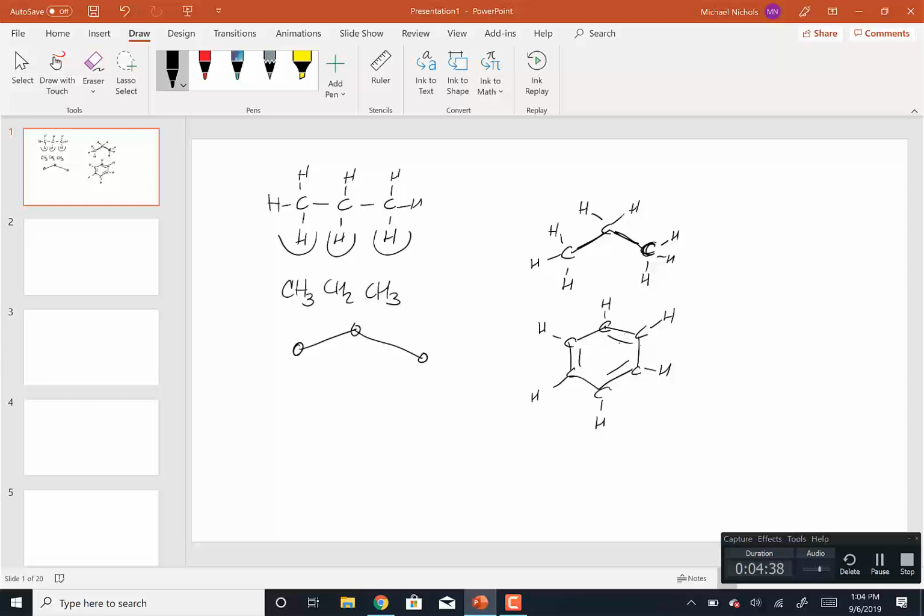Like that. So that's what the shorthand line bond structures are. I use a combination of both. So I might write a chain like this, and then off of here write a CH2, CH3 group. And sometimes that's to emphasize that group. So we'll use a combination of the two.